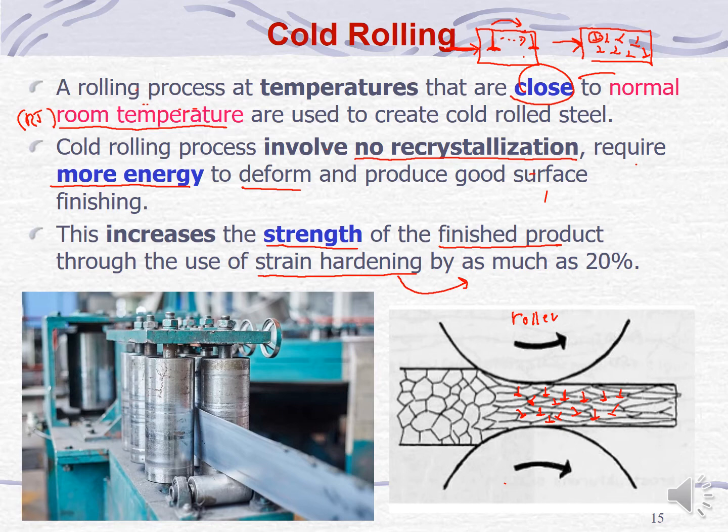But when the sample has a high density of dislocation, the movement of this dislocation is blocked by other dislocations. So it cannot be deformed, and the metal becomes hardened.